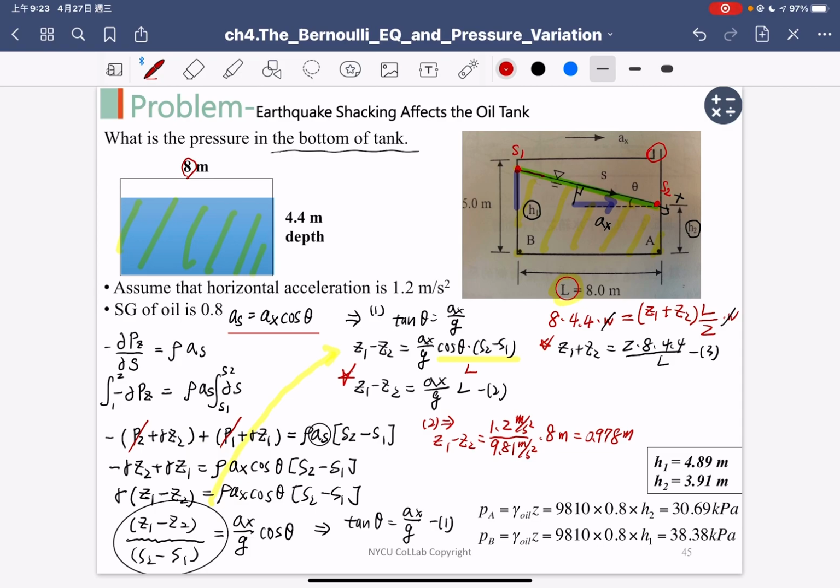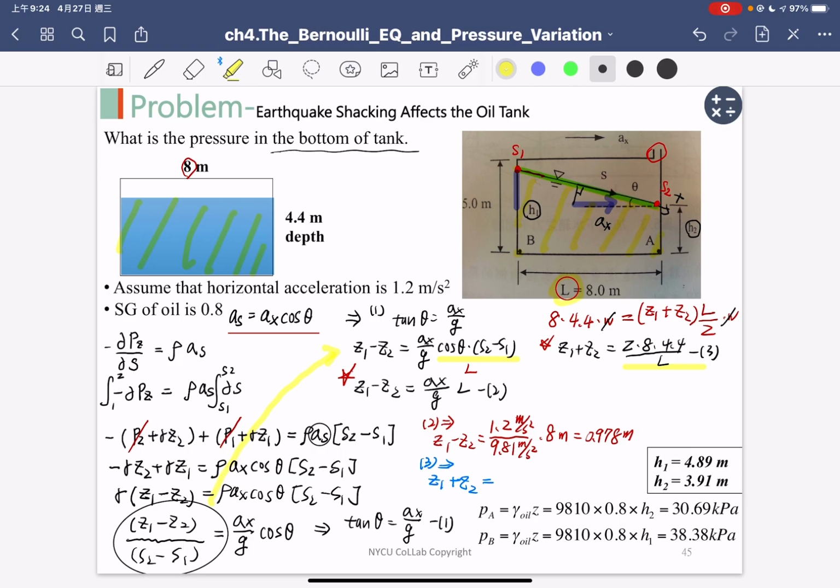And another is equation 3. We know that D1 plus D2 will equal, use your calculator, the equation showing here. So you can compute the number: 2 multiplied by 8 multiplied by 4.4 and divided by 8.